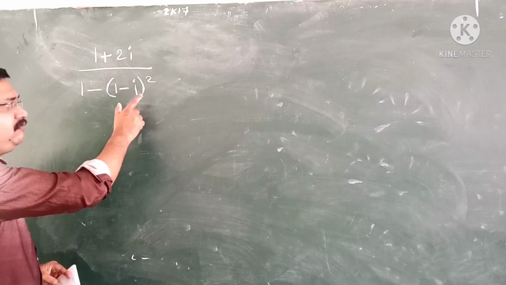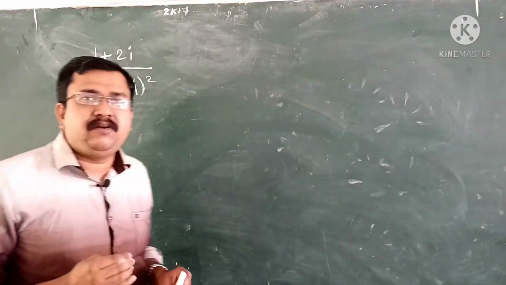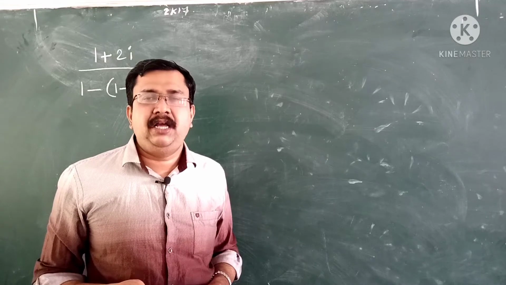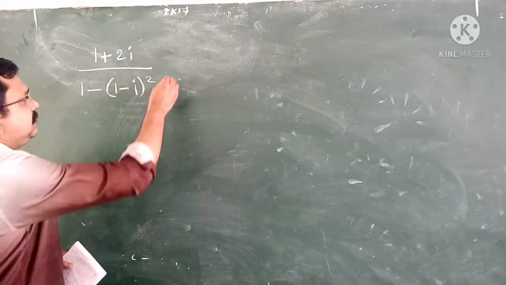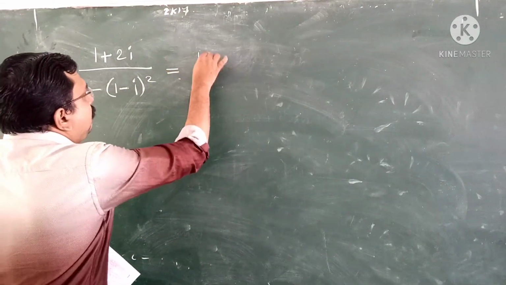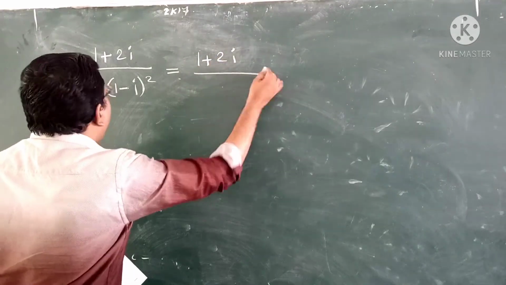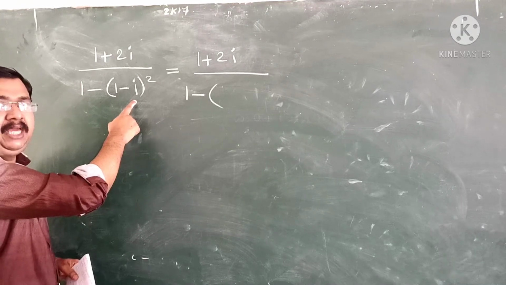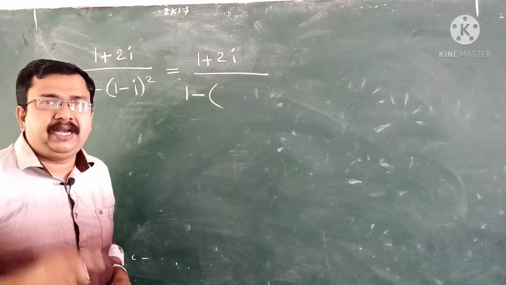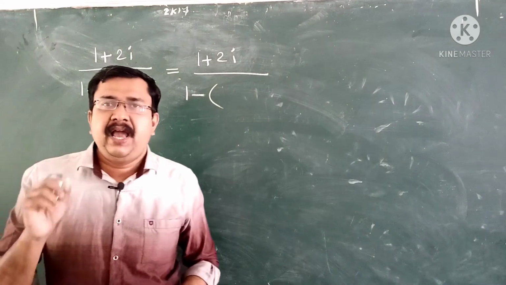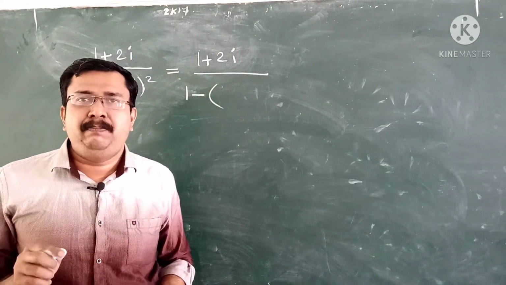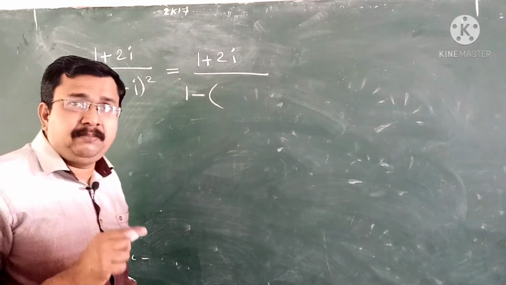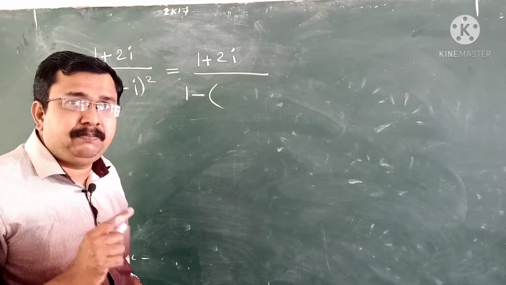First we convert this complex number into the form a plus ib. Then we can find out r and theta. First step: this is equal to 1 plus 2i divided by (1 minus i) the whole square. We know that (a minus b) the whole square is a square minus 2ab plus b square.